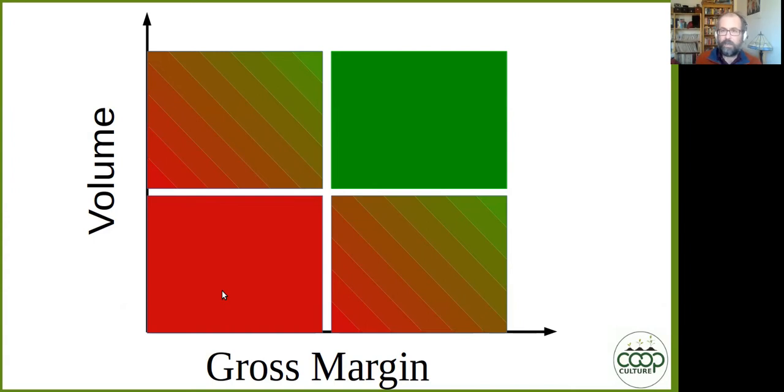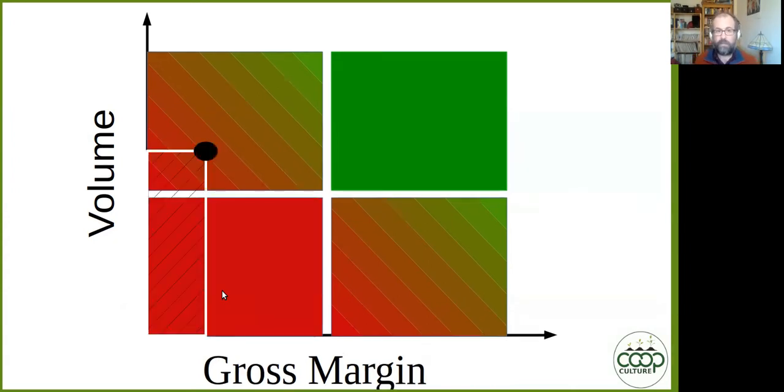Now, if we look at both of those two different types of businesses, this is roughly the position of a high volume, low margin business. And the area of this rectangle outlined here is the gross profit that a business will make. If you multiply the amount of things that you sell by the amount of money that you make on each sale, you'll get your gross profit.